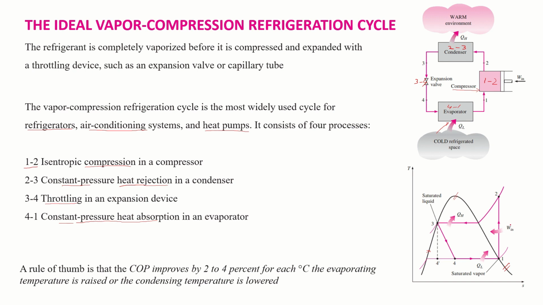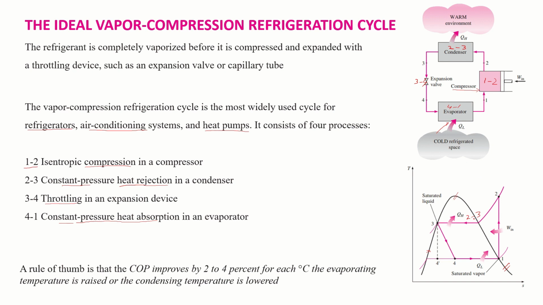In this process, we are giving work input to the system in the form of electricity. Then process 2 to 3 is heat rejection to the environment, and this process 2 to 3 is happening in condenser.